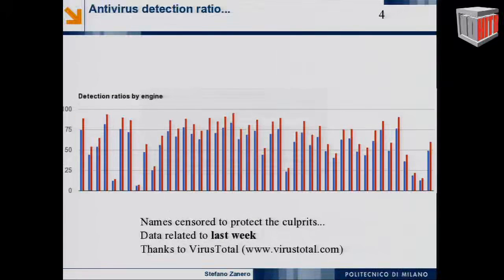This is the live statistics from VirusTotal for the last week about the detection ratio of antiviruses. Each of these columns is a commercial antivirus. The orange ratio is the one that you want to look at, which is the detection rate for samples that are very likely to be malicious, because several other antiviruses tag them as malicious.